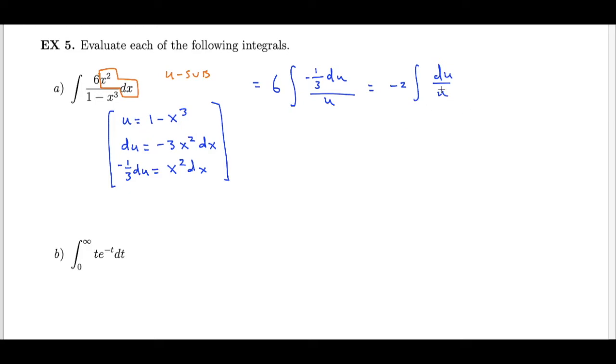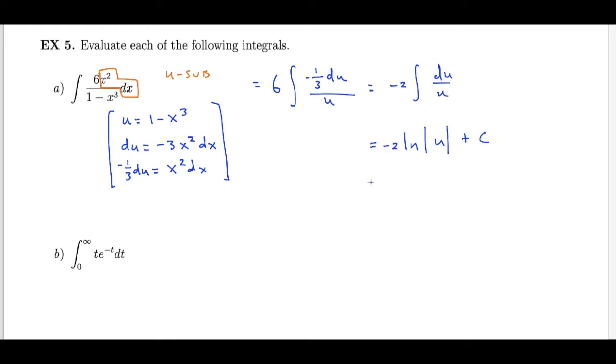And then I recognize that when I integrate 1 over u, I get simply the natural log of the absolute value of u. Since I have no bounds on my integral, I have to remember to add that c, the constant of integration. And then my problem started with x values, so I want to make sure it finishes with x values.